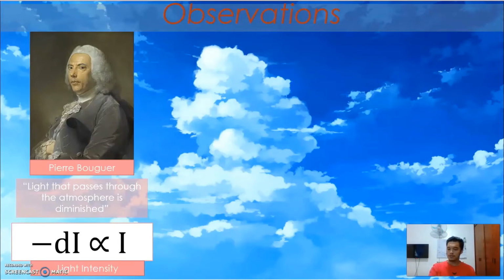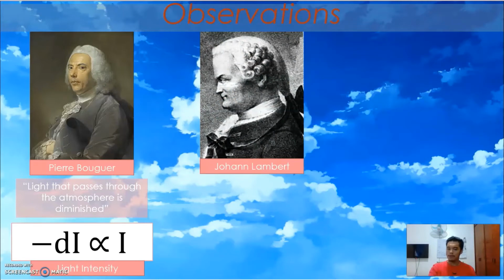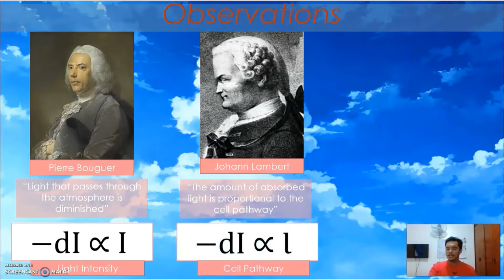And because of this observation, Johann Lambert tried to relate what he observed with Pierre Bouguer's observation as well, where Lambert described that the amount of absorbed light is proportional to the cell pathway, meaning mathematically that the rate of change of the light intensity is directly proportional to the cell pathway represented by l.